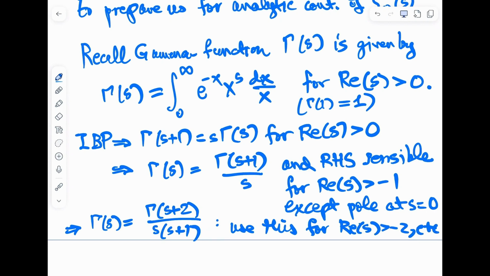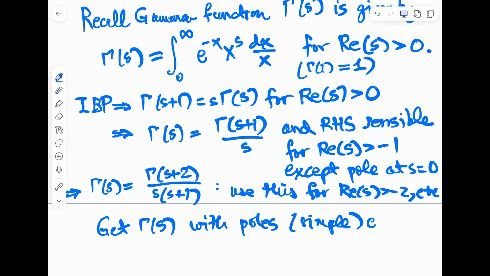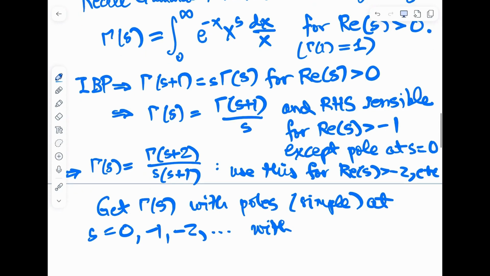In this way, strip by strip, you can extend the gamma function to the entire complex plane, and the only place you have a problem is at 0 and the negative numbers, with simple poles at 0, -1, -2, and so on. And the residue of the gamma function at the integer -k is (-1) to the k over k!.